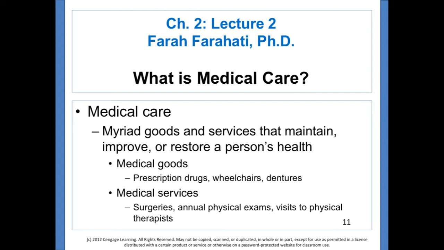If you want to define that, we say that medical care covers many goods and services that maintain, improve, or restore a person's health. We group them in two big categories: medical goods and medical services.